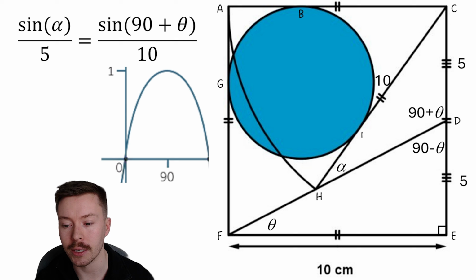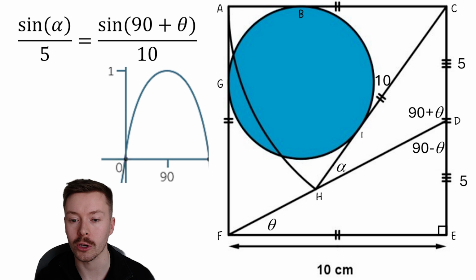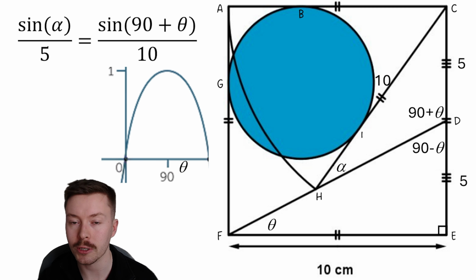Now the reason for that is because theta is an acute angle, so if I do 90 plus theta or 90 minus theta, it's not going to be below 0 or above 180. Okay, so for 90 plus theta on my sine curve, let's say theta is that distance, it's arbitrary, it doesn't really matter.